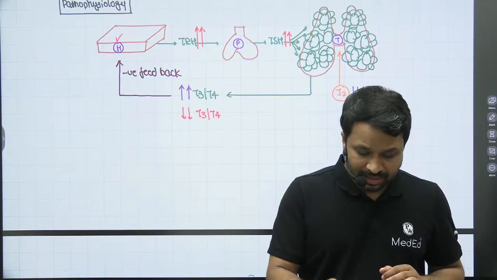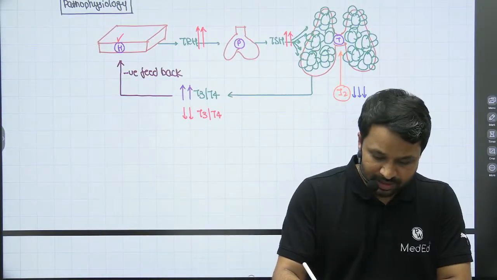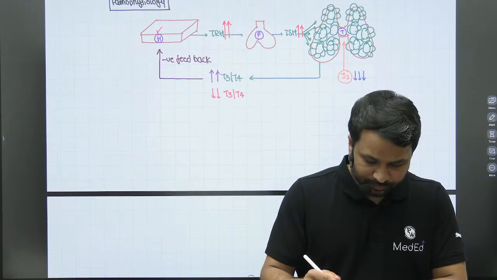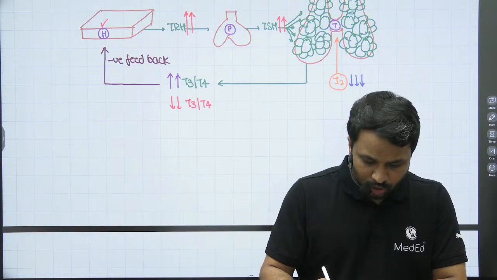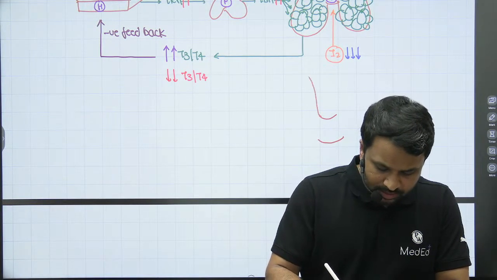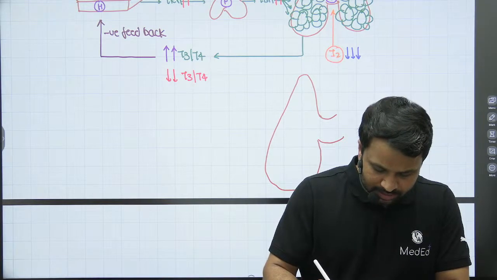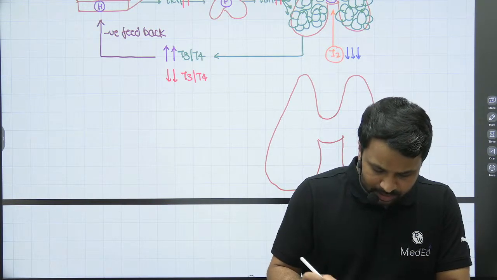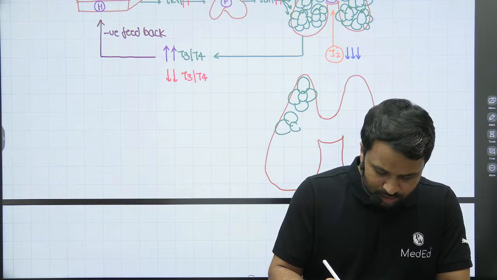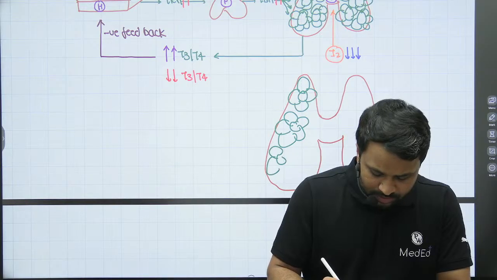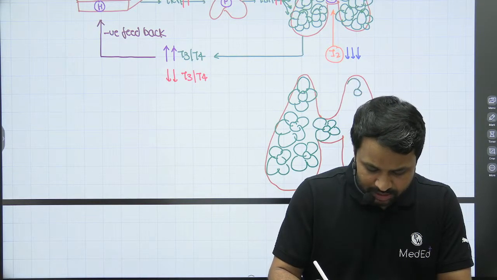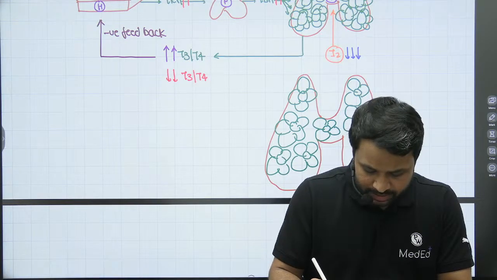Now when the gland gets enlarged, you see the entire follicles within the gland are going to become enlarged. Because all the follicles are getting enlarged, the entire gland is going to enlarge because of the excessive amount of TSH which has caused all the follicles to expand.